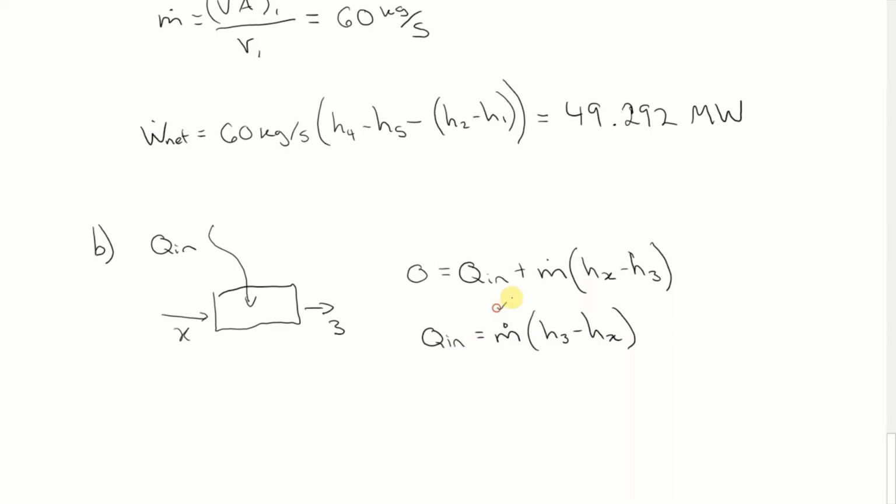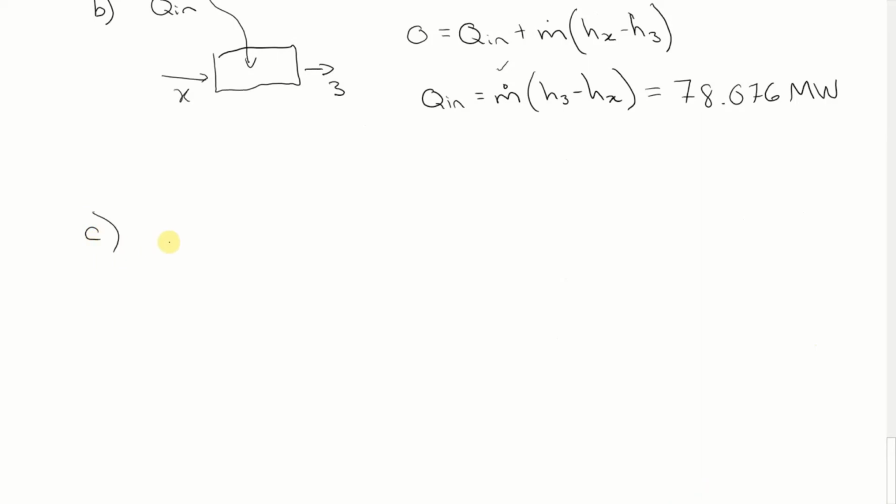We know m dot, we just calculated that in the last question, 60 kilograms per second, and we know H3 and Hx already, so our final answer can be calculated to be 78.076 megawatts.